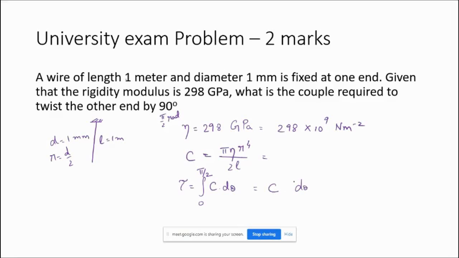On integrating d theta, you have theta, and applying the limits, you get C into pi by 2. Okay, so you have to compute the value of C and multiply it by pi by 2 to arrive at the couple required to twist the other end of the wire by 90 degree. Okay, so we can do this also as homework and come up with the answer.